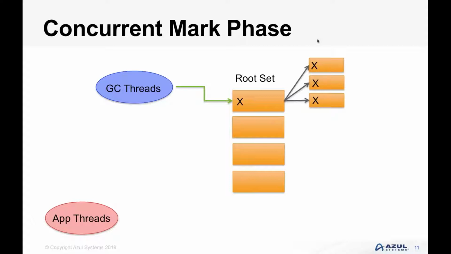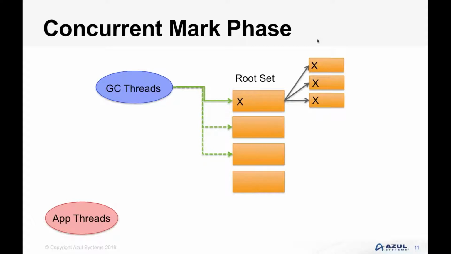And we'll continue doing that until we find all of the objects that we can access from that initial root object. Because we are running in parallel, we can have multiple garbage collection threads which are able to process different parts of the root set independently. There's no issue of contention, so we can do that fully in parallel. So that works very nicely.